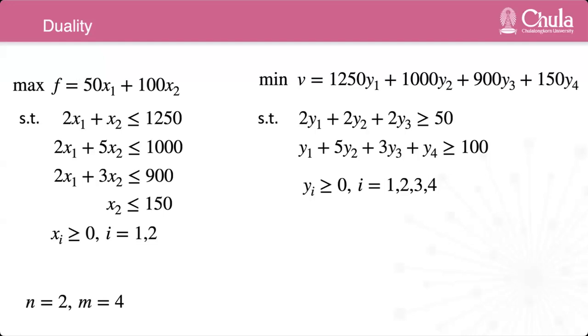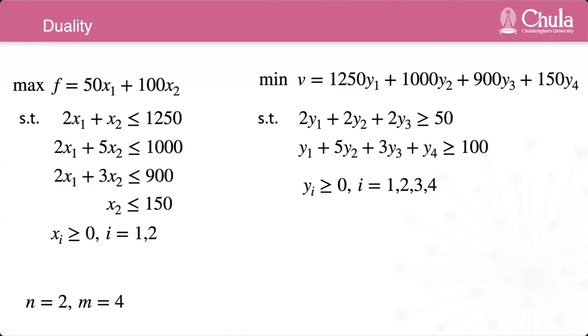Okay. We can convert it to duality where the objective function is minimize 1,250 y1, okay? 1,000 y2 plus 900 y3 plus 150 y4, okay? And the constraints, well, from the first column we have 2y1, 2y2, 2y3, greater or equal 50.